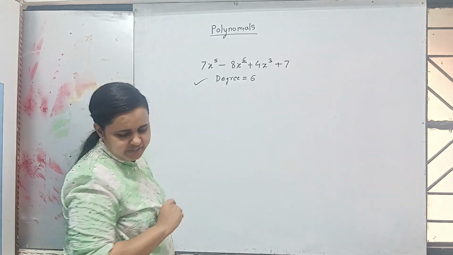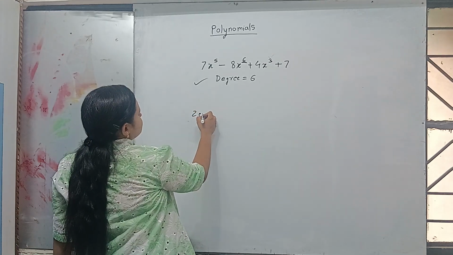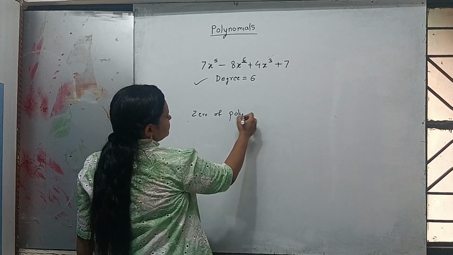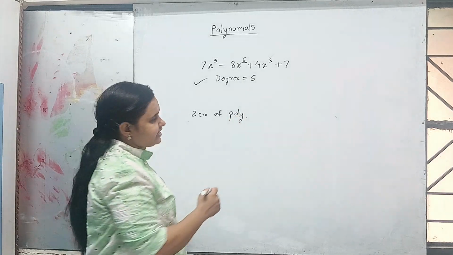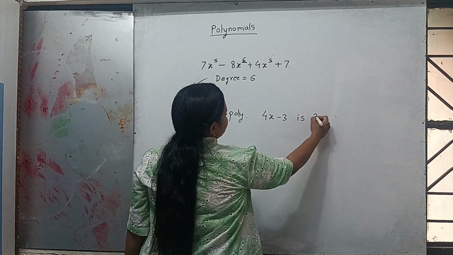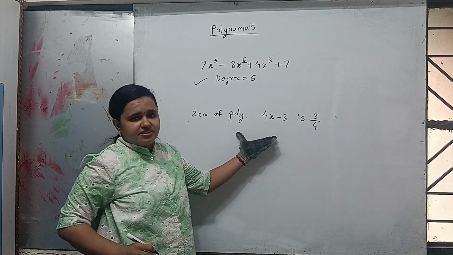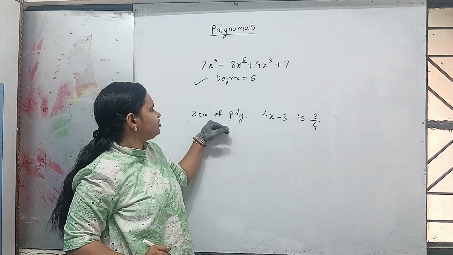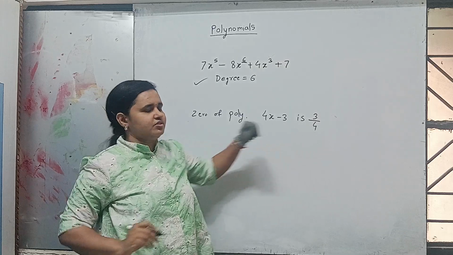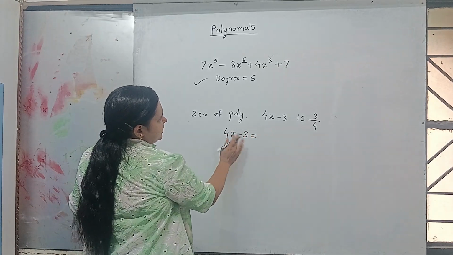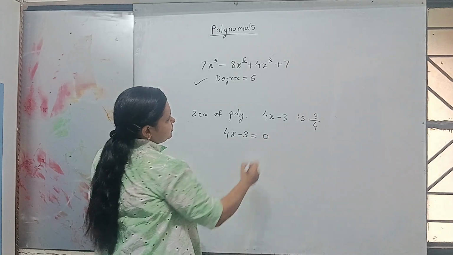Now the second statement is the zero of the polynomial 4x minus 3 is 3 by 4. Let us check it. If the zero of this polynomial is 3 by 4, we can check it by equating the polynomial to 0.